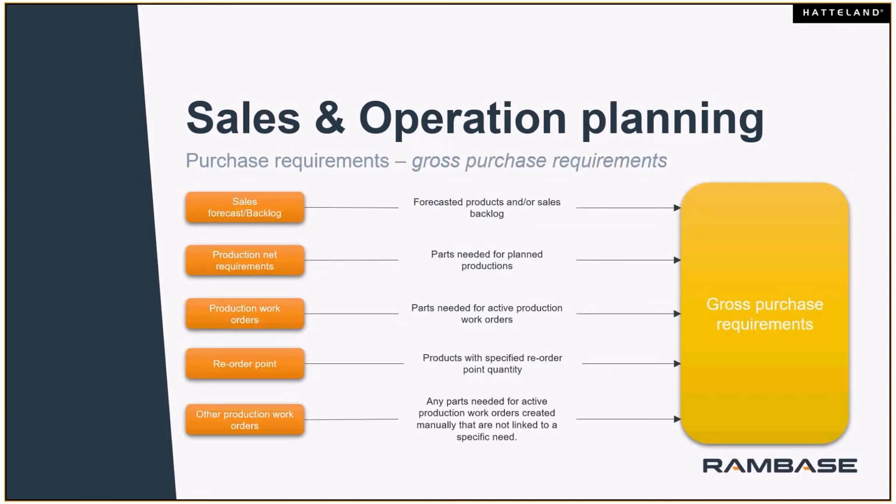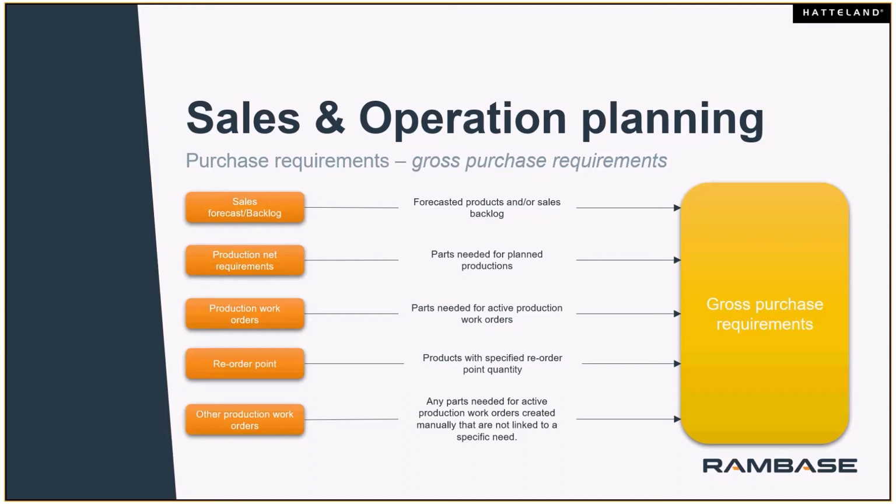So similar to the production requirements, gross purchase requirements and the calculation behind it is also based on several parameters depending on what process options you have enabled. First off is the demand from sales forecast and or backlog.